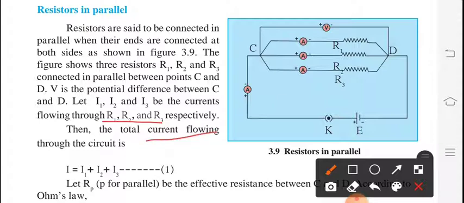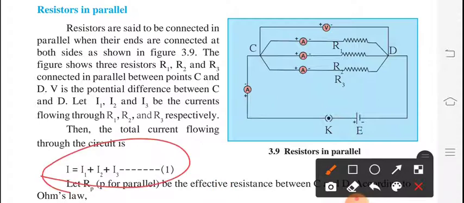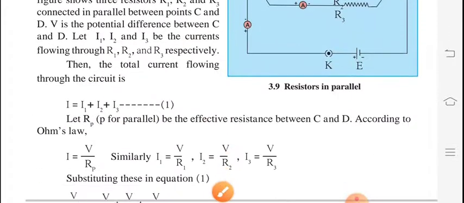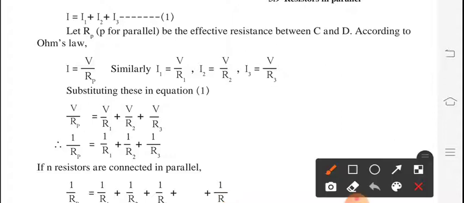Then the total current flowing through the circuit is I equals I1 plus I2 plus I3. Now we have seen RS for the series condition, and for the parallel condition of resistors we are going to take Rp. Okay, let Rp be the effective resistance between C and D.